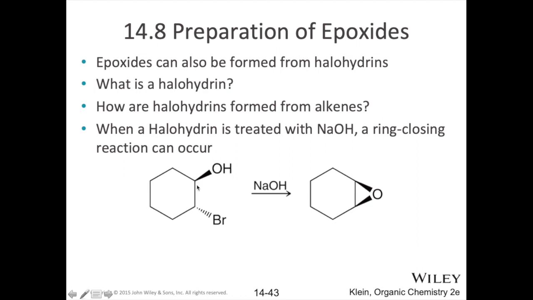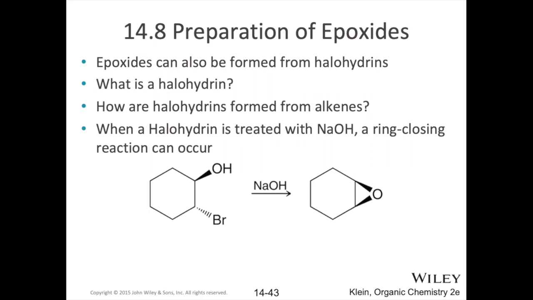Our bromine would take up one side of the alkene when it forms a bromonium ion, and so our water nucleophile would have to attack the opposite side, and that's why these two are trans to each other.